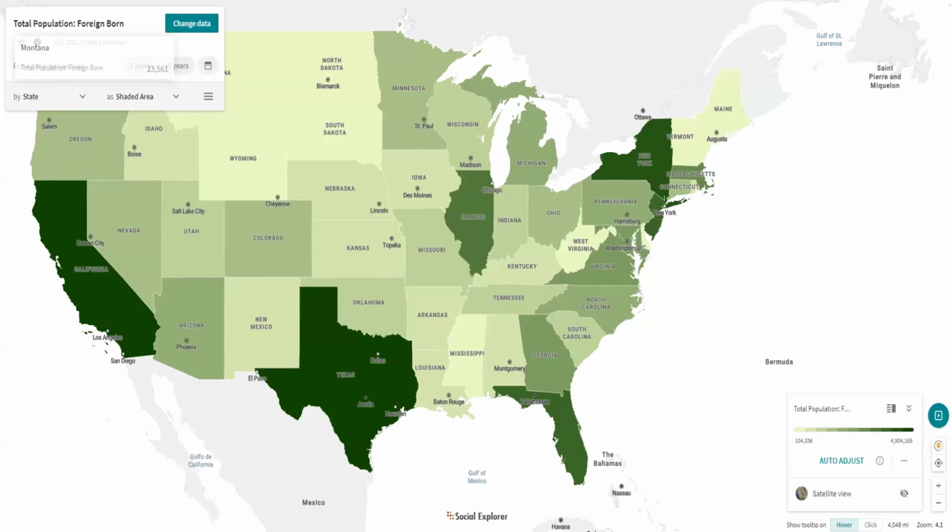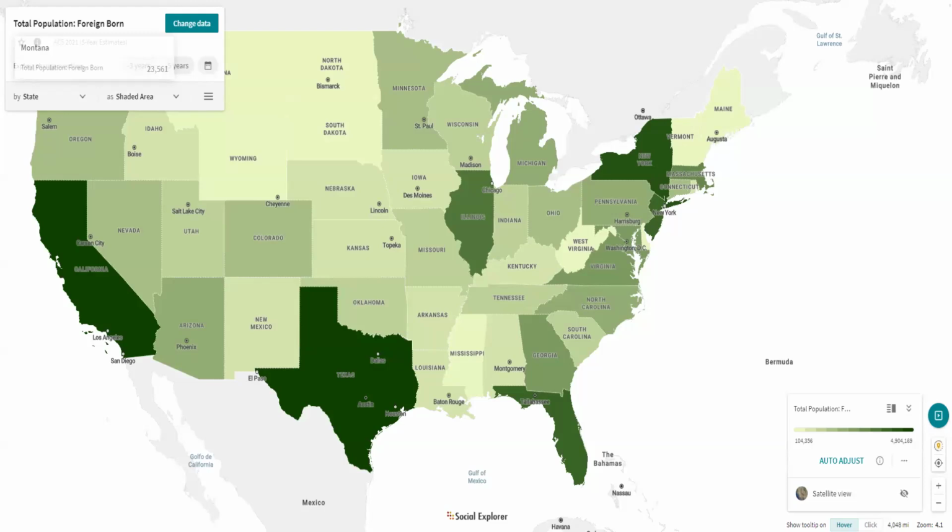I want you guys to see the map I created in Social Explorer. This is showing the total population that are foreign born, and as you can see, the states that I'm looking at, like California, Texas, Florida, New York and New Jersey, are pretty high.